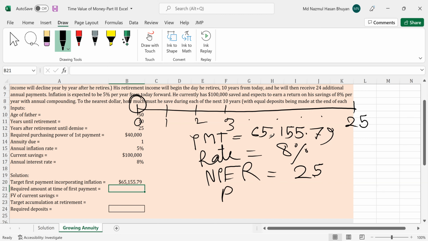So you want to know the present value. And remember, the payments here happen at the beginning of the time period. So it is an annuity due formula.